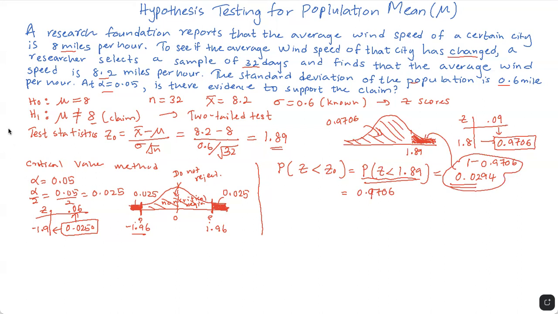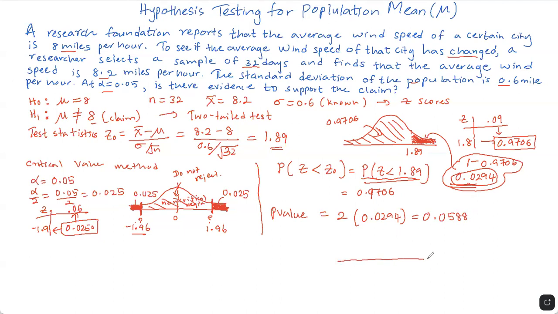And then since we are considering two tails, we have to double this value to get the correct p-value. So the p-value equals 2 times 0.0294, which is 0.0588.